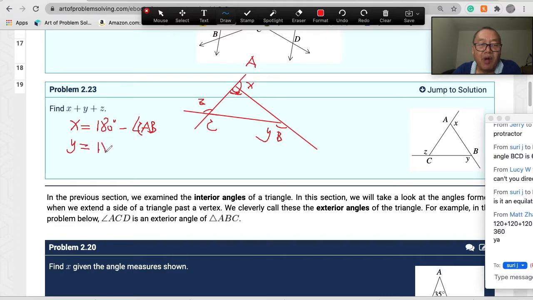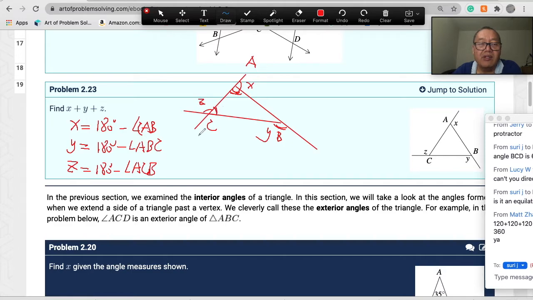Y equals 180 degrees minus angle B, minus ABC, right? What is Z? Z equals 180 degrees minus ACB, right?